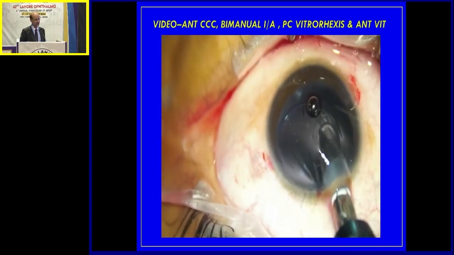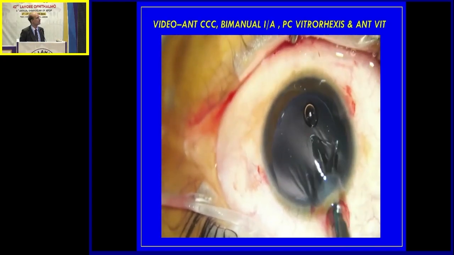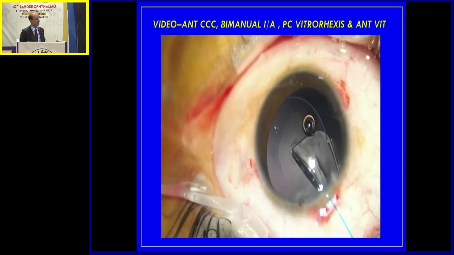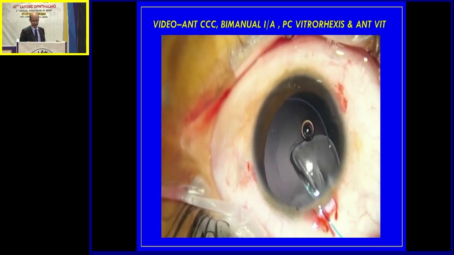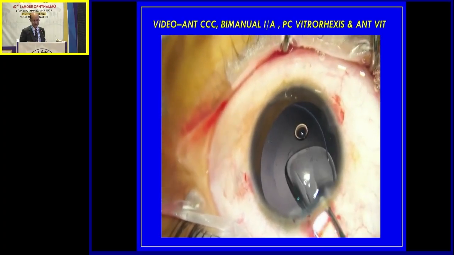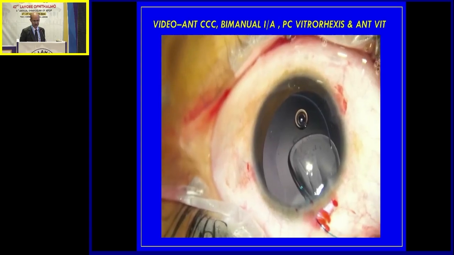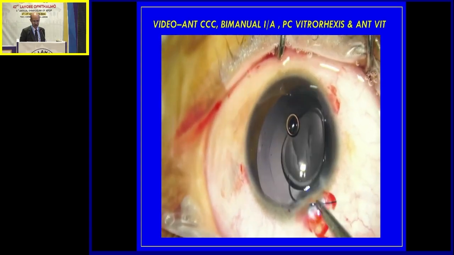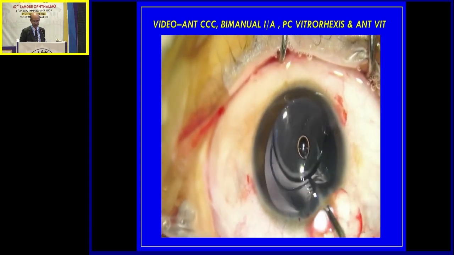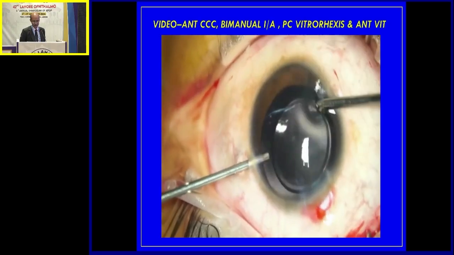It was a slightly older child, a 4 year old. Preferably we should use a multi-piece IOL because it prevents phimosis and keeps the lens stable in the bag.